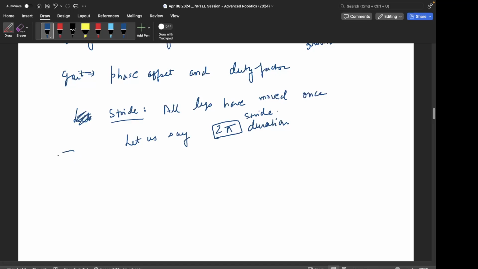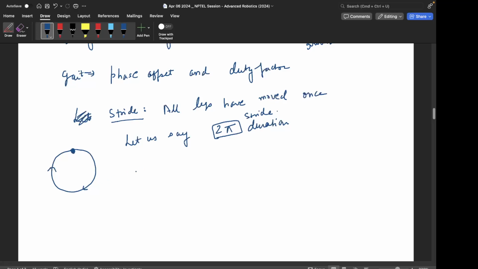Full circle. Since gait is something which repeats, the sequence starts from here, it repeats, and then again it is back in the same position after one stride, and then the same stride repeats. That's a gait, right? It's a repeating pattern.